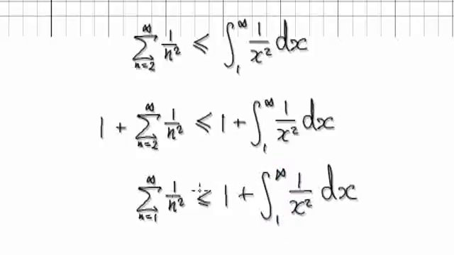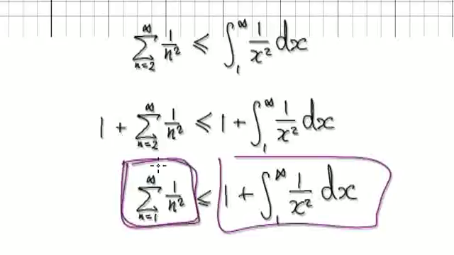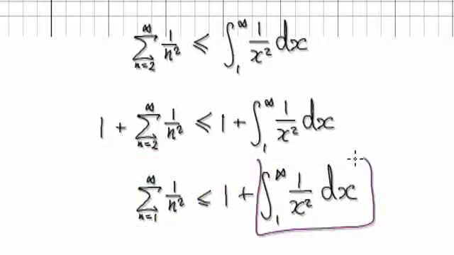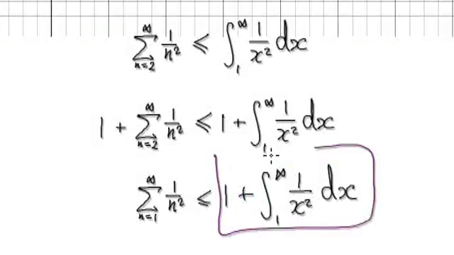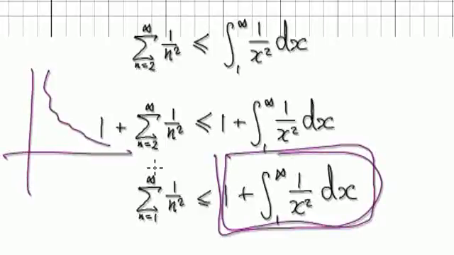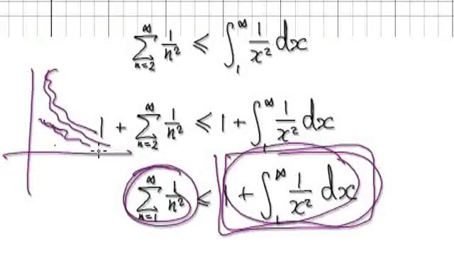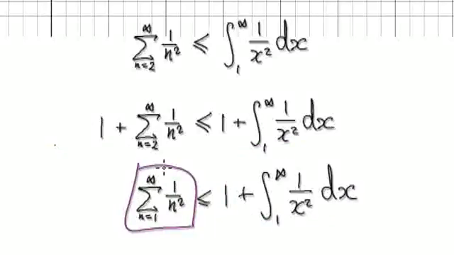So if you look at this here, at the moment we've got this thing being greater or equal to this thing here. If this thing here converges, then when you add a finite number, a single number, to it, the whole thing here will converge. So this thing here will converge, and this being greater than this, well, this is less than this graph here, so this will have to converge as well.